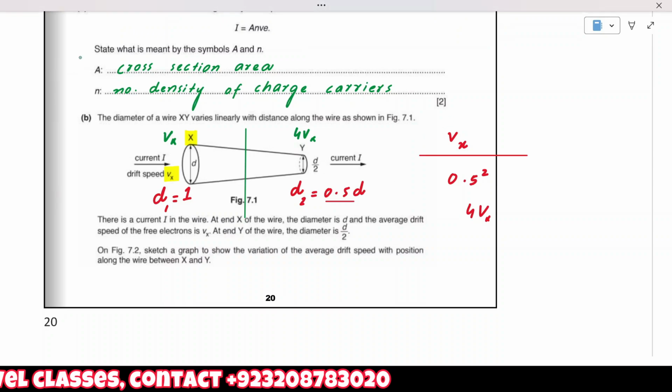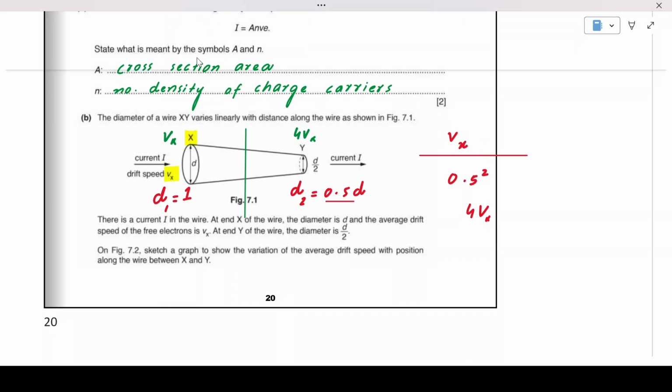So the easiest method is, we'll use the same shortcut. The drift speed at x was Vx divided by, for the middle part, the coefficient of diameter of the middle part.